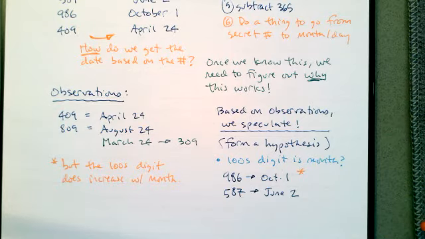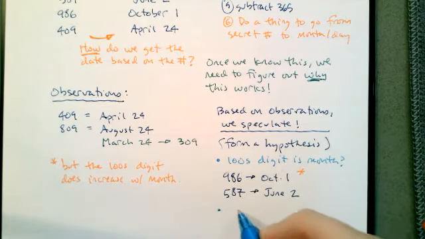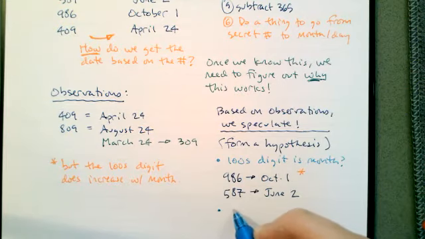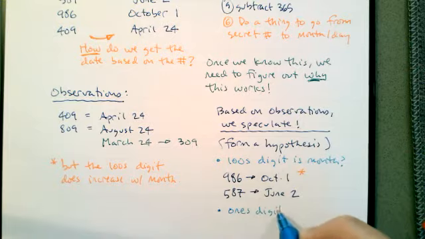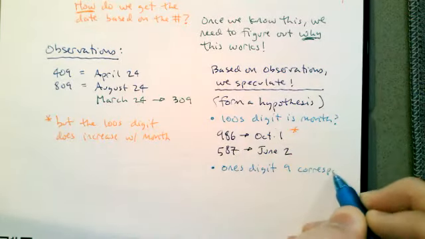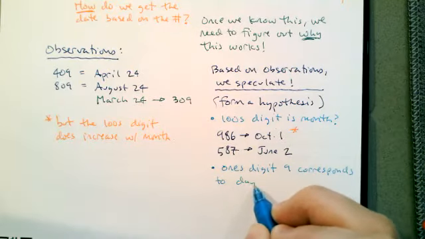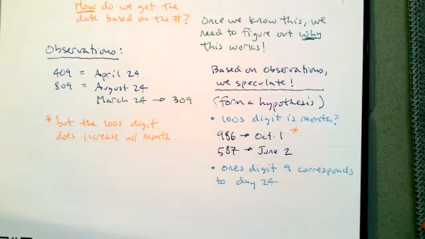A 9 in the ones digit corresponds to a 24 on the day. So there's another thing to speculate. It looks like the ones digit 9 corresponds to a day of 24.